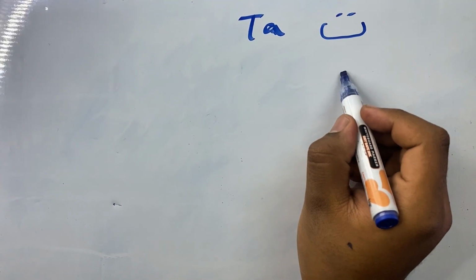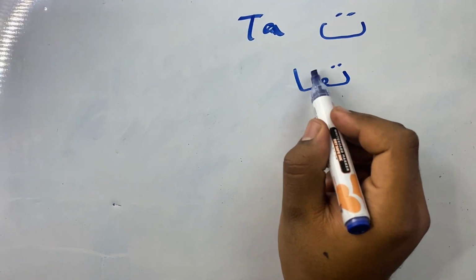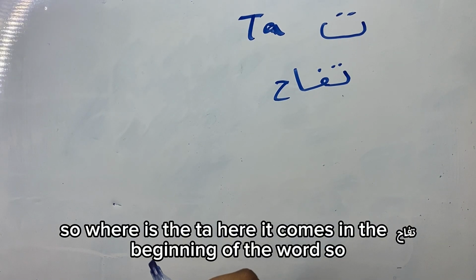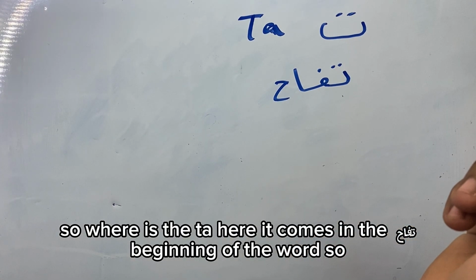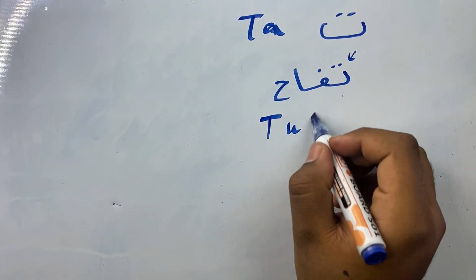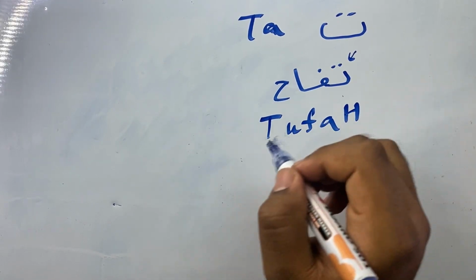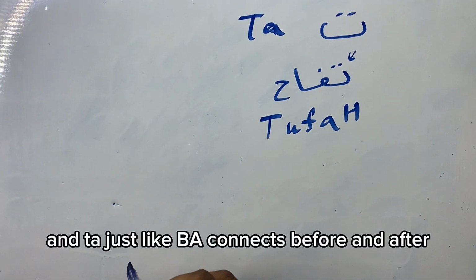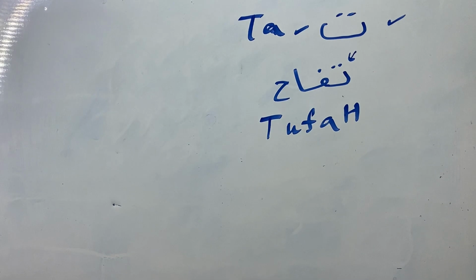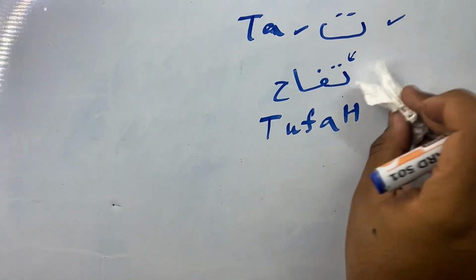For example, Tufah, Tufah. So where is the Ta here? It comes at the beginning of the word. So Tufah. And Ta, just like Ba, connects before and after. All right.